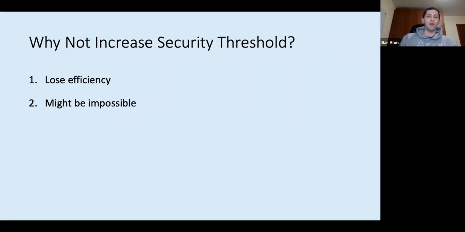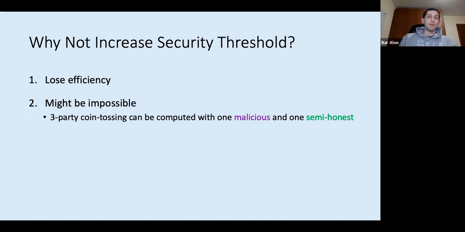Specifically, if half of the parties are corrupted, then we know that fairness, for example, if one party learns the output, everyone does, cannot be achieved. And indeed, we show in this paper an example of a three-party task that can be computed assuming one of the parties is malicious and one is what we call semi-honest.